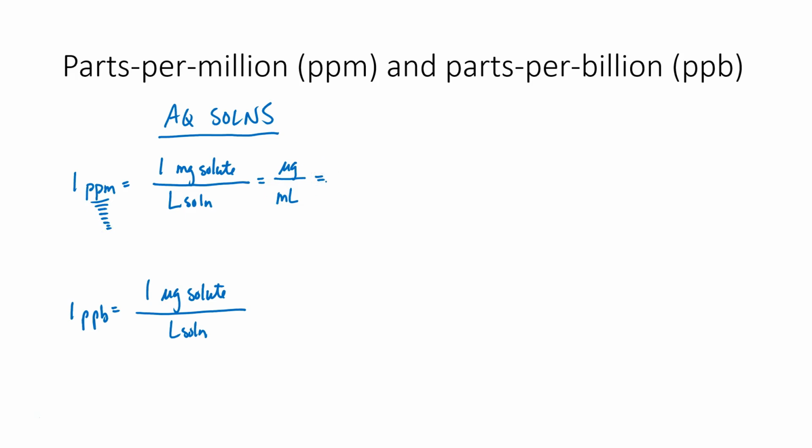And if you really wanted to go crazy, you could divide again upstairs and downstairs by 1,000, and you would have nanograms of solute for every microliter of solution. So if you ever see this unit, that's the same thing as a ppm. I find that the most convenient way to think of ppm and ppb is milligrams per liter, or for ppb, micrograms per liter. Now, that's when we're talking about aqueous solutions.